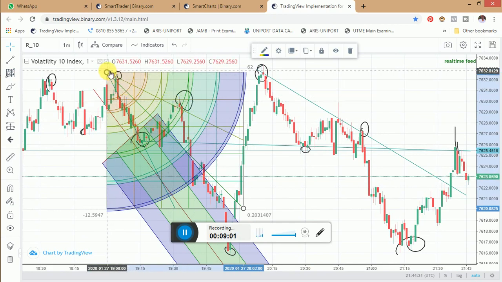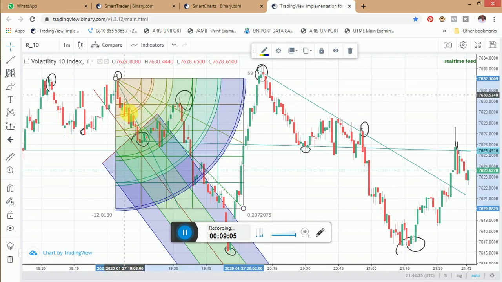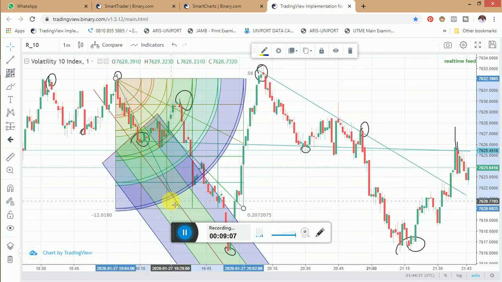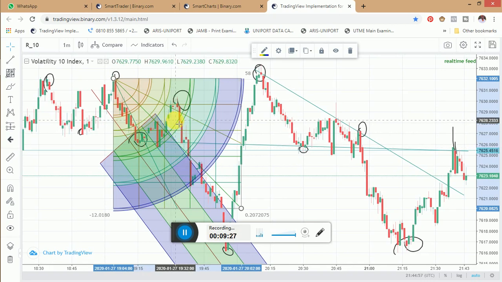Okay, you notice that. Okay, let's shift this to this point. You notice that whenever a candle touches this line, the next candle that comes out becomes a red one. Whenever a red candle touches this line, the next one that comes out becomes a green.